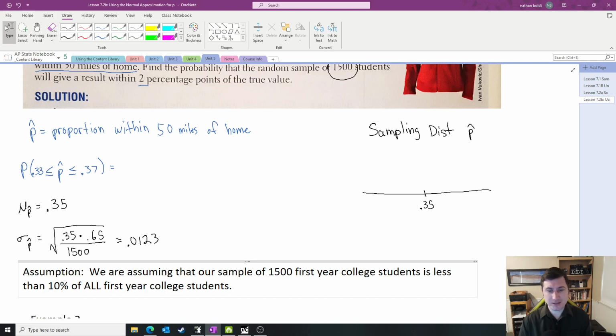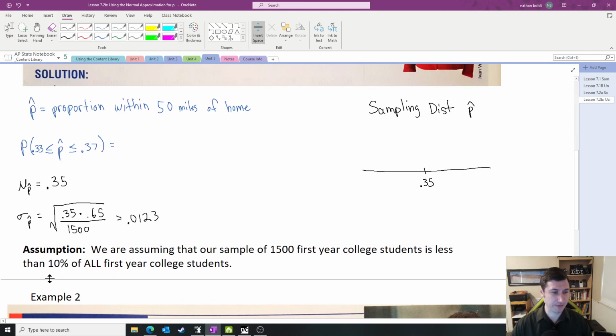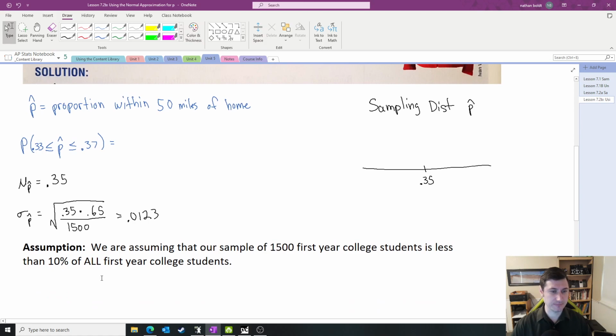And so it's pretty safe to assume that 1,500 is less than 10% of all first year college students, even if you just look at the US. So while it is an assumption, it's a pretty safe assumption. So we do have to give a nod to that idea every time we calculate the standard deviation.